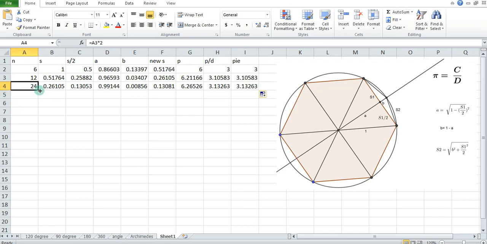So likewise we can take 192 sides polygon.